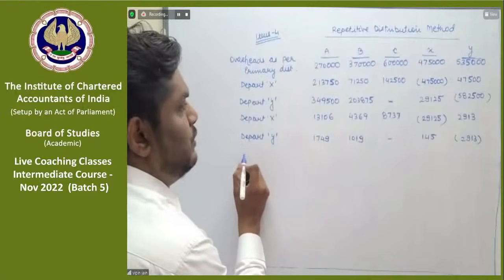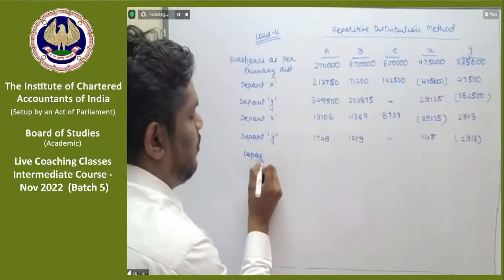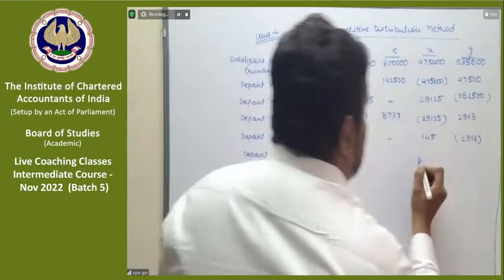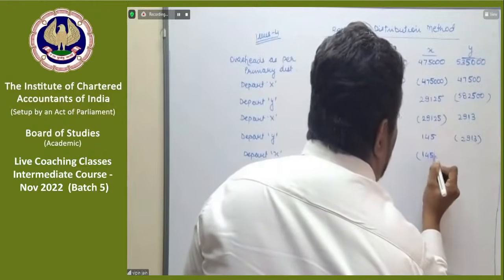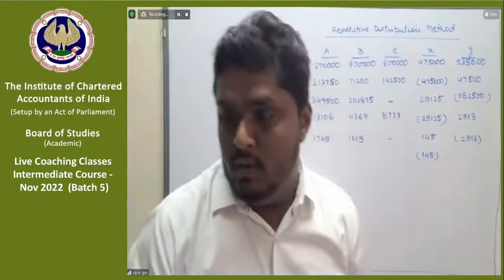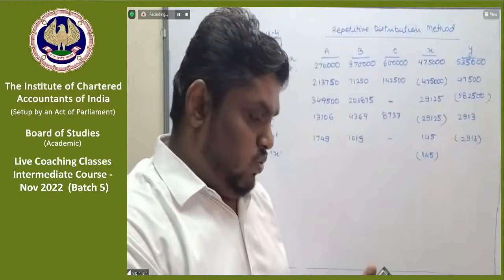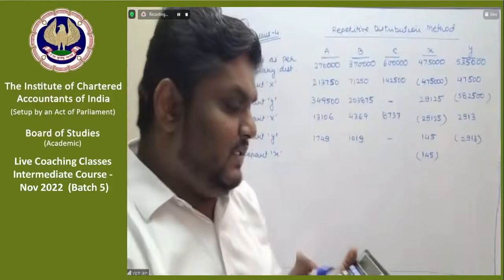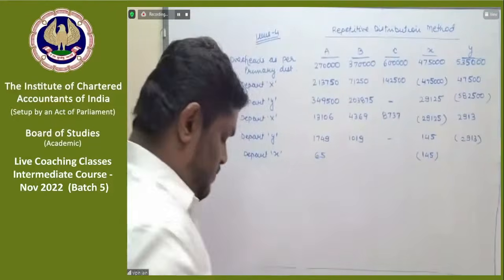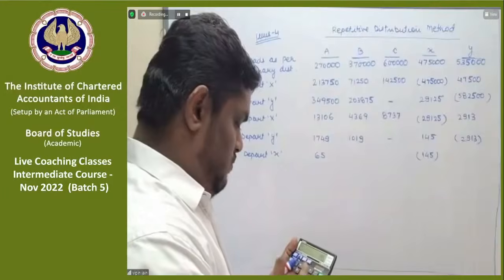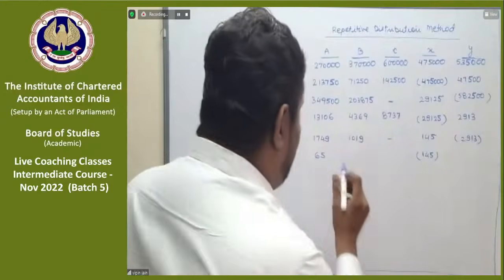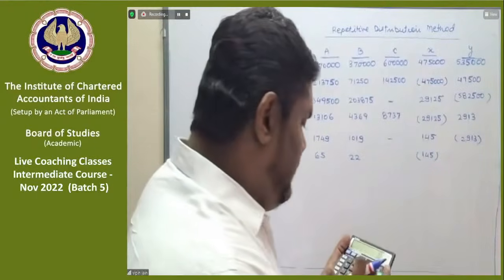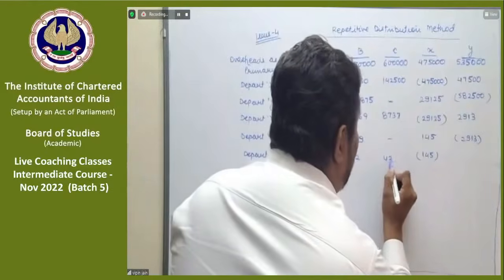So let's distribute the overheads of department X also. Again, so this is 145 into 45%, this will be 65, into 15%, this will be 22, into 30%, this will be 43.5, that is 43.